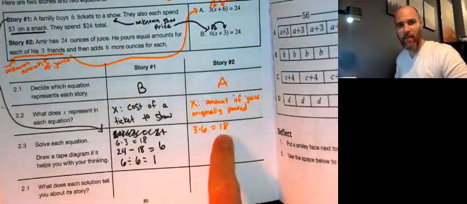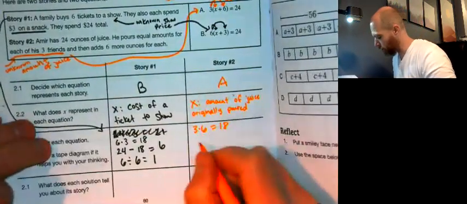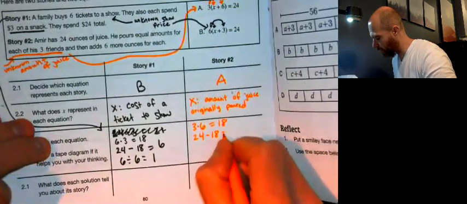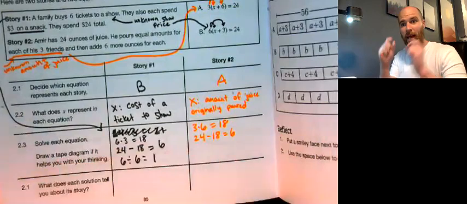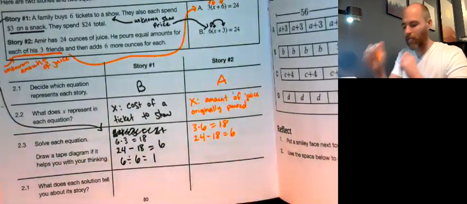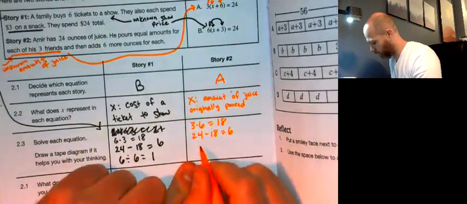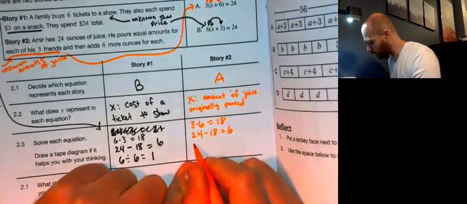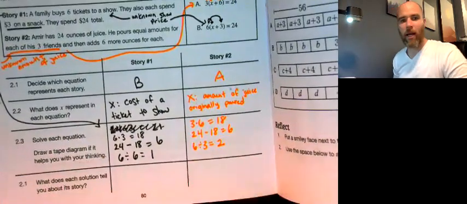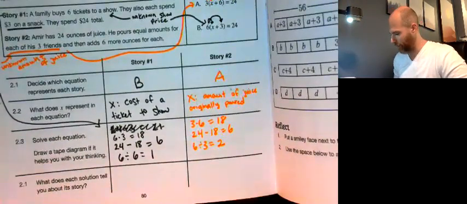So that was a total of 18 out of the 24 ounces. I'm going to do 24 minus 18 equals 6. So that last 6 has to represent the equal amount he put in each cup. So we divide that by 3, and we get 2 as our answer here.